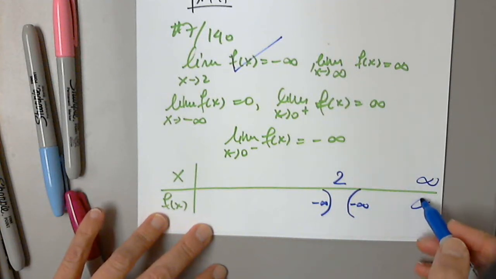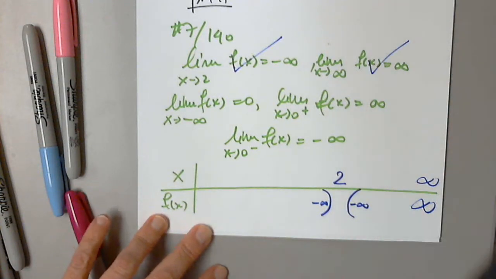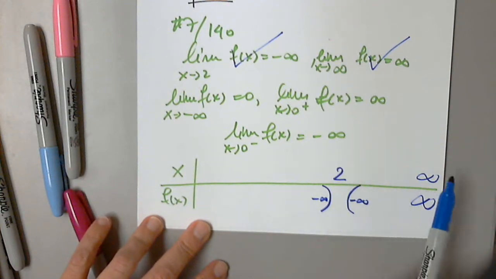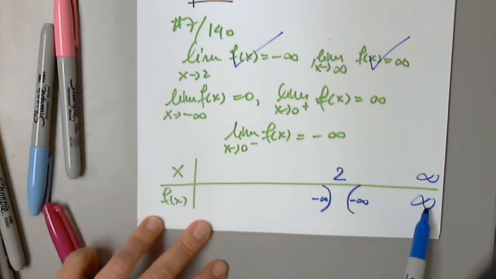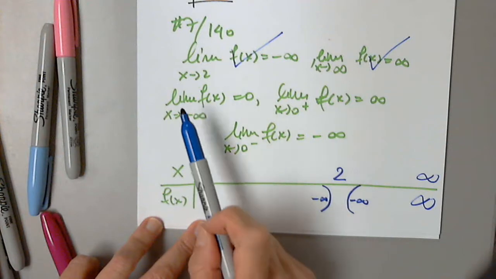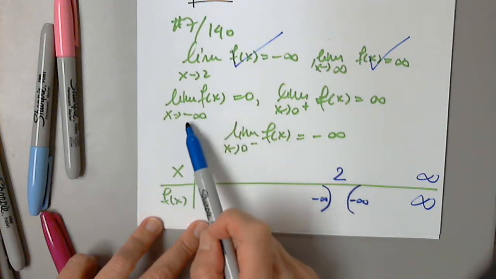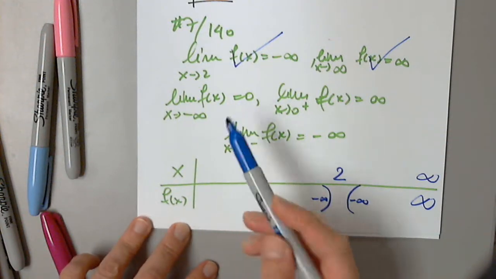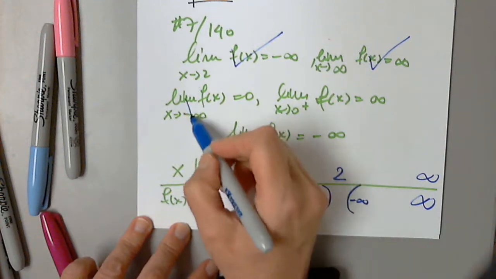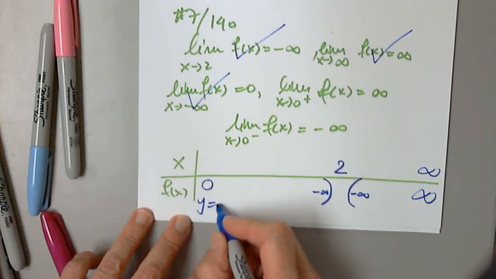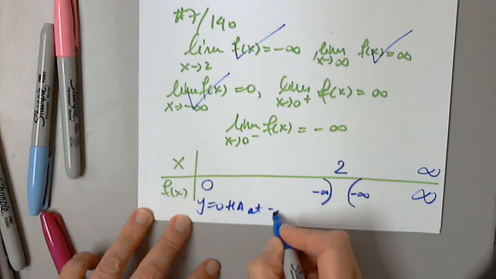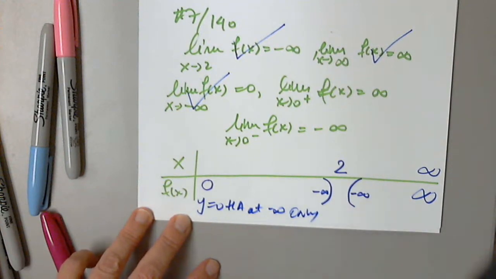Okay, fine. Done. As x approaches infinity, the function values go to infinity. Limit of f of x as x approaches negative infinity, that is 0. That is done. Obviously, y equals 0, horizontal asymptote at negative infinity only.